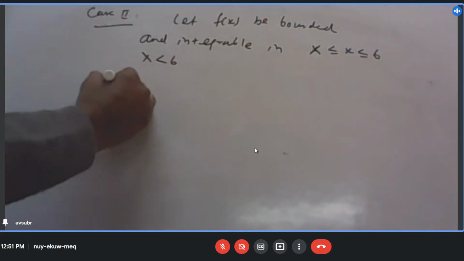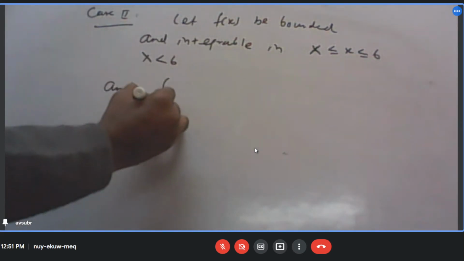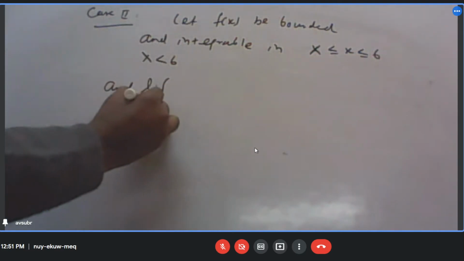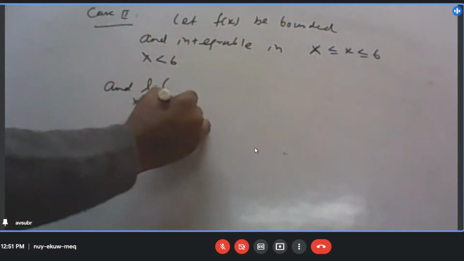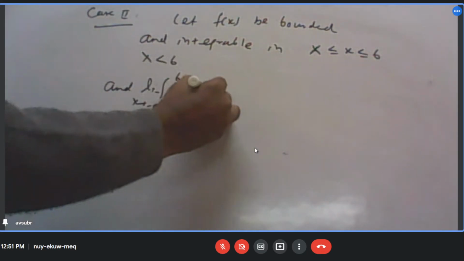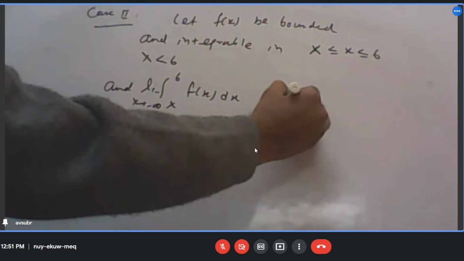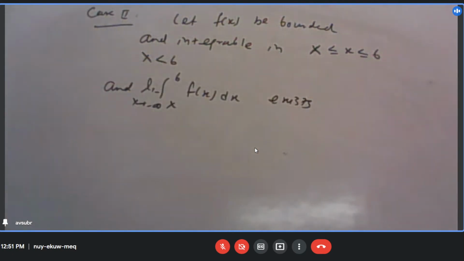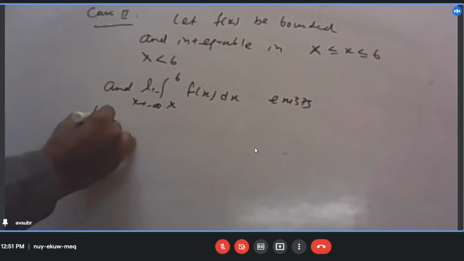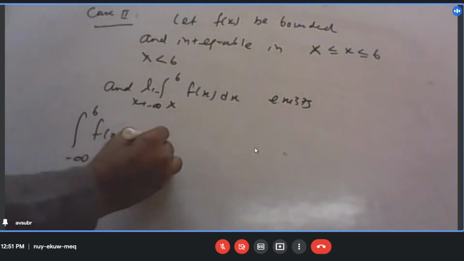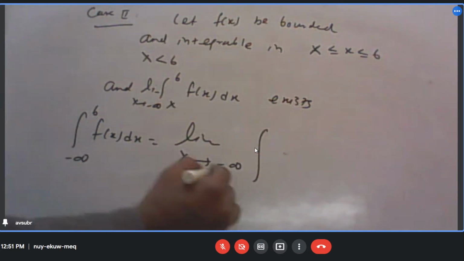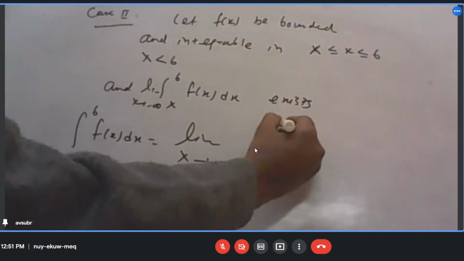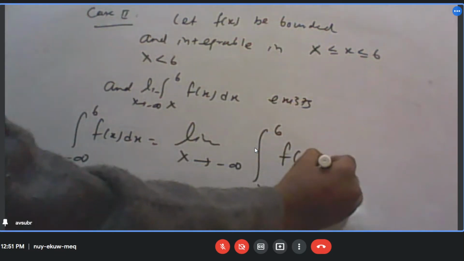And I also say that this limit exists: limit x tending to minus infinity of the integral from x to b of f exists. So I will define the integral from minus infinity to b as the limit, x tends to minus infinity, of the integral from x to b of f.